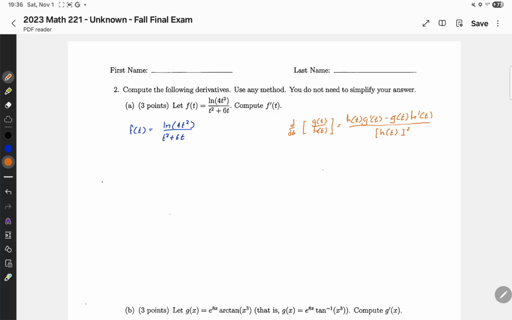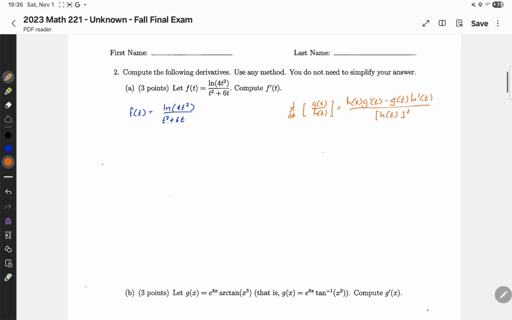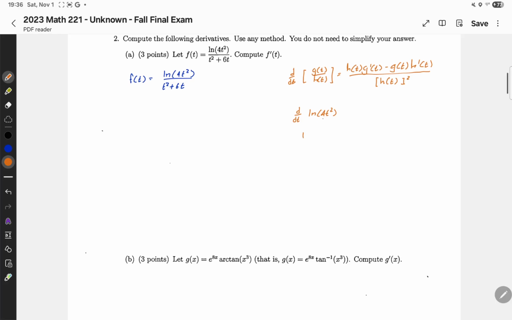So now that we have this, we're going to want to look at the derivatives of both of these portions right here, the numerator and the denominator. So let's first look at the numerator, because it's going to be a bit trickier. We want to take the derivative with respect to t of natural log of 4t squared. So just recall that the derivative with respect to u of natural log of u is going to be u prime over u.